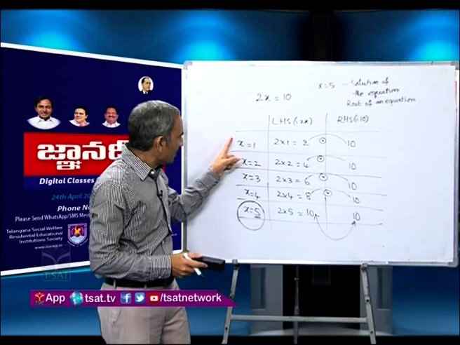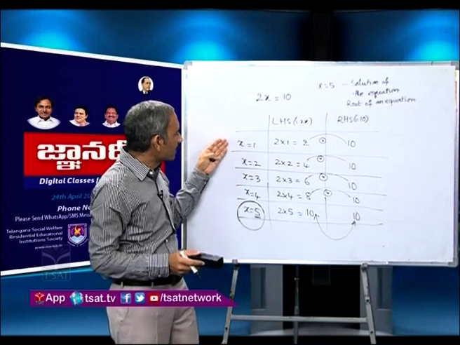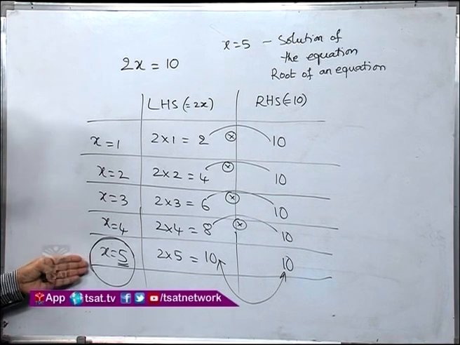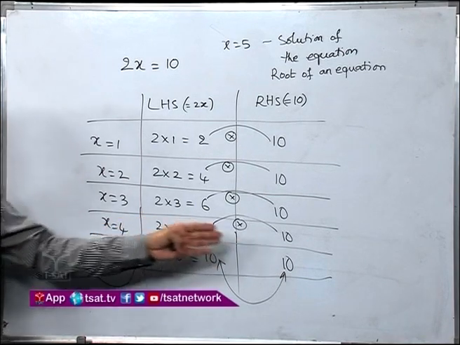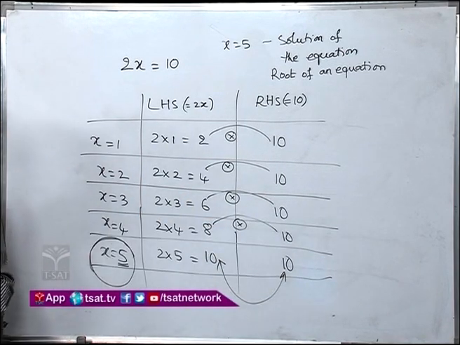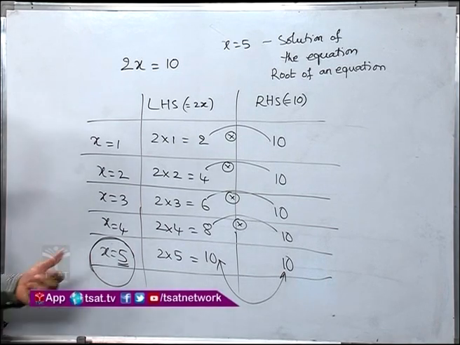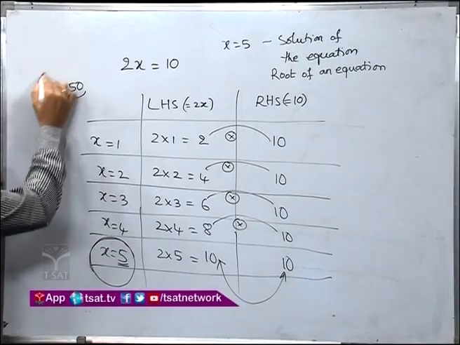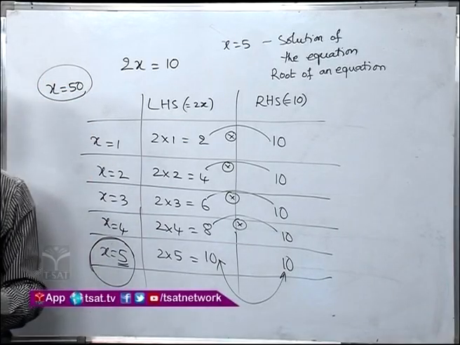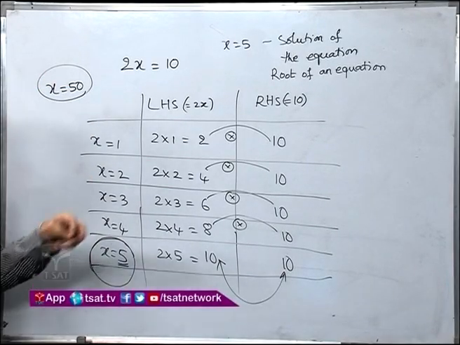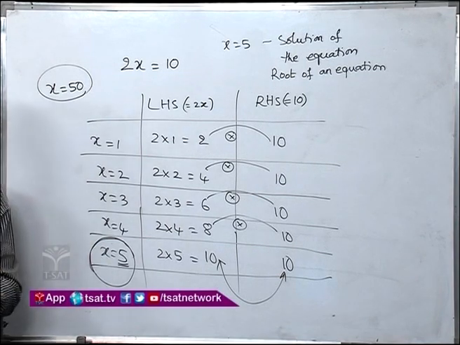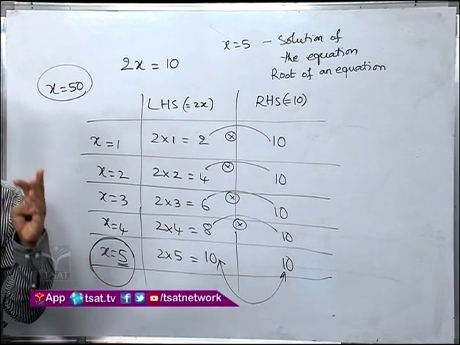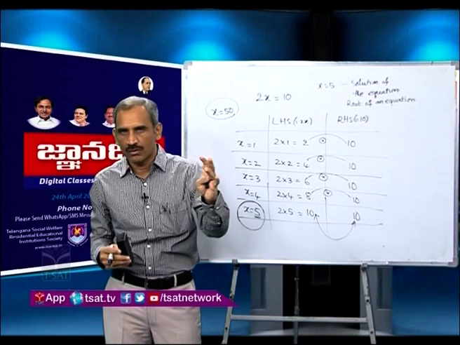Right. Now this is good. We go on substituting the values like this. At some point you will get the solution. Now just imagine if the solution is 50. For example, for a problem the solution is 50. How many times do you have to substitute? First you have to take 1, 2, 3, 4 like that.